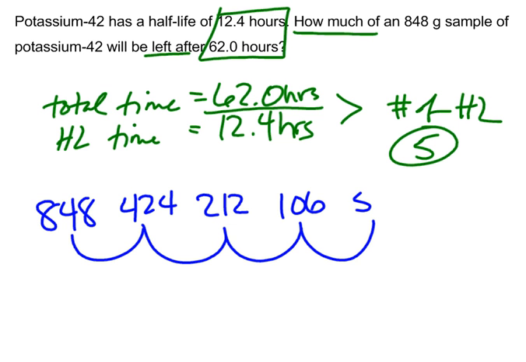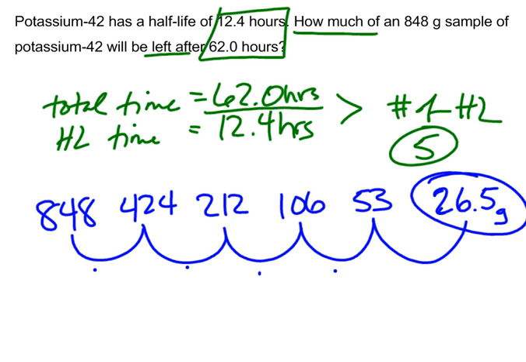Cut that in half again, that's 53. Now you have 4 half-lives. I need 5 half-lives, so I need one more, and that would be 26.5. So 26.5 grams would be what was left over.